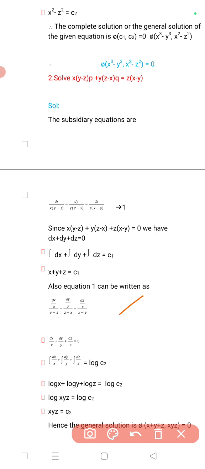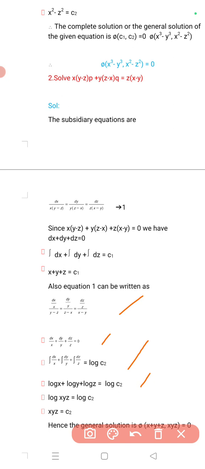And when I add up the denominator counterparts y minus z plus z minus x plus x minus y, what do you get? 0. So I will be ended up with the equation dx by x plus dy by y plus dz by z is equal to 0. Next I go with the integration part, integral dx by x. So what is the formula for integral dx by x? It is nothing but log x plus log y plus log z.